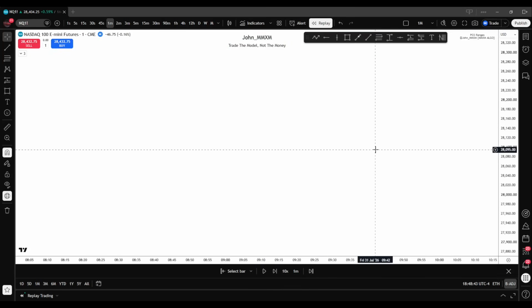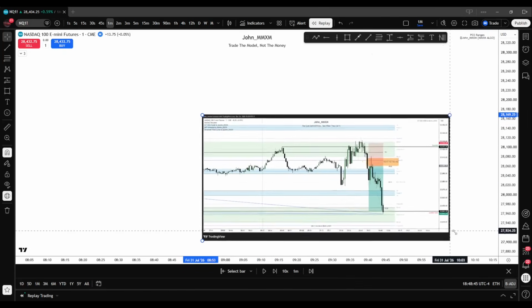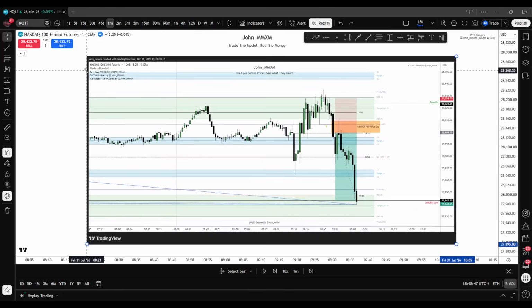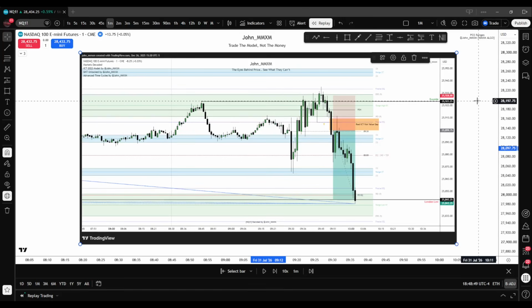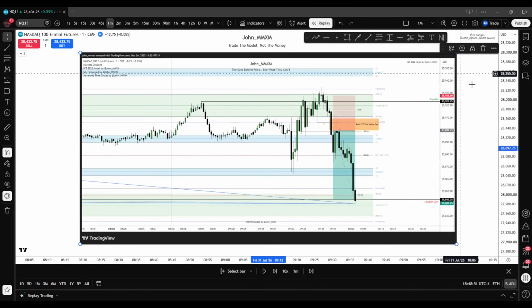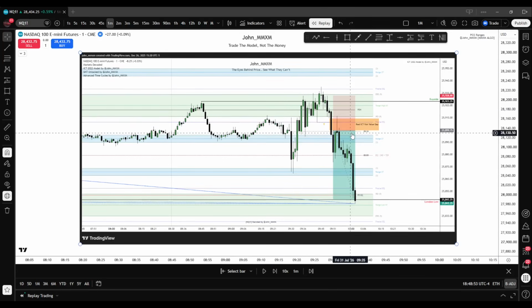Guys, here I will provide an example. An 81 range trade. This is from 2025. By the way, what you guys can see here is price takes out this high right here, the range high 81 at 9:30. Price makes a big run lower, takes out the high, and then it does the price delivery model.